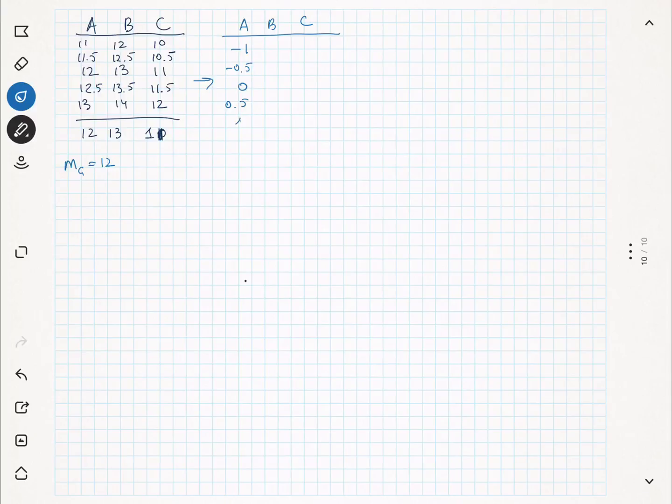And you have 1. Now we do the same for the second, so here we have 0, then we have 0.5, then 1, 1.5, and then 2. Then here we have minus 2, minus 1.5, minus 1, minus 0.5, and then 0.